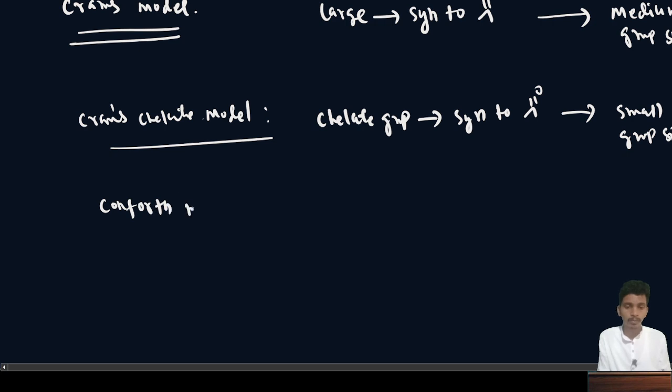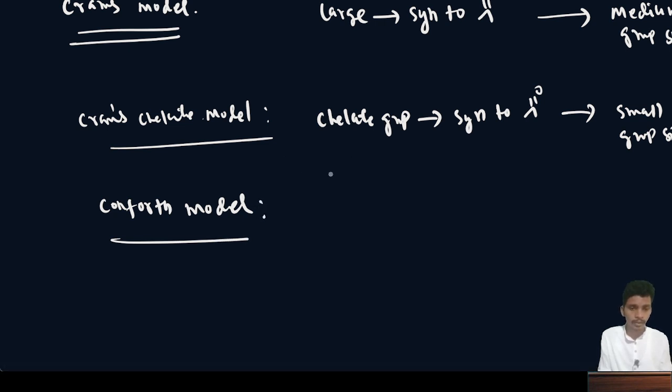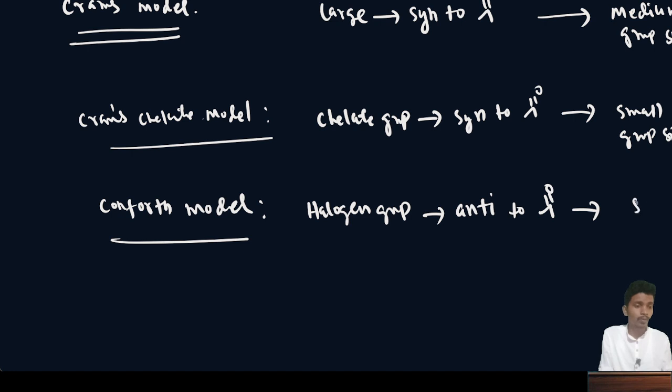And what the Comfort model says is that the halogen group goes anti, because of the lone pair repulsions. This halogen always goes anti to the carbonyl group, then the attack is again from the small group side.